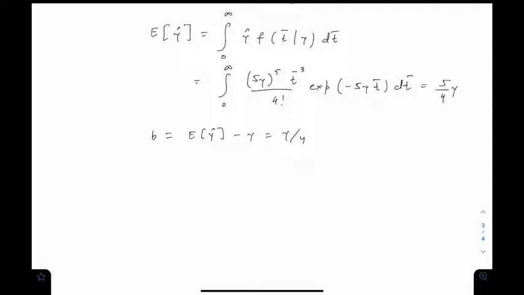So for instance, estimates for the rate and mean life, gamma and tau bar, obey the same relations as the true values.